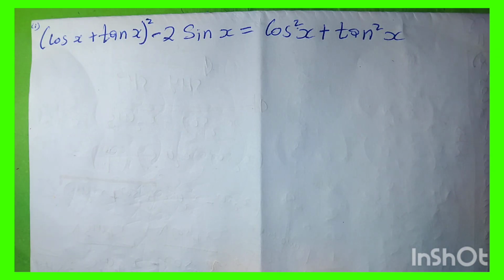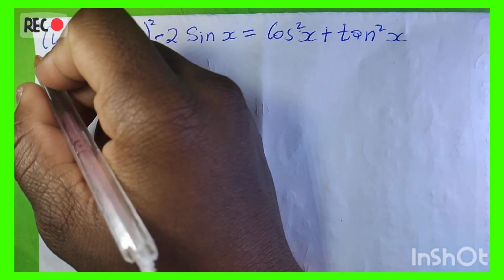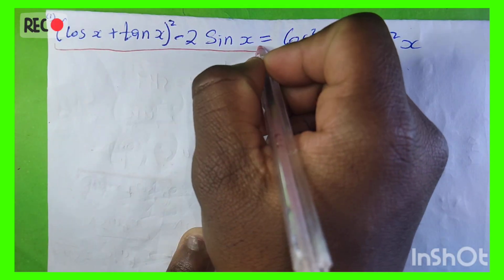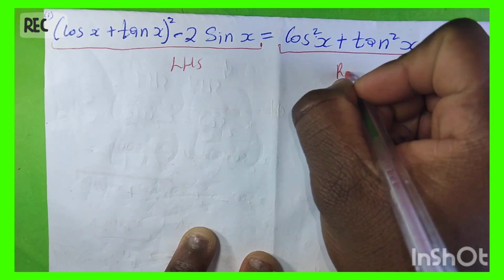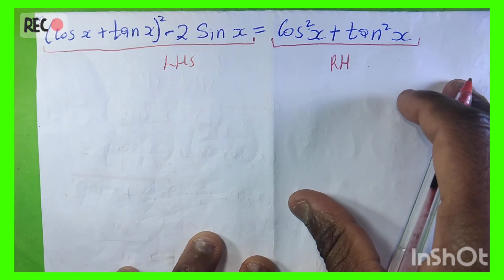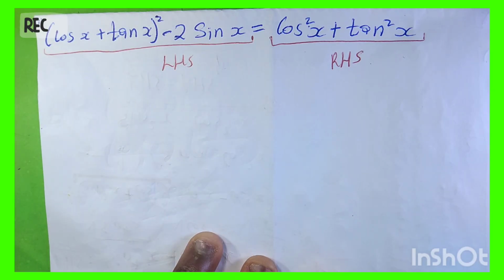In this lesson, guys, I'll be proving this question. Here I've got my left hand side, and here I've got my right hand side. I shall decide which side I can simplify.